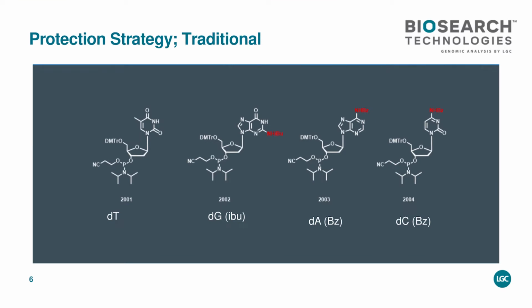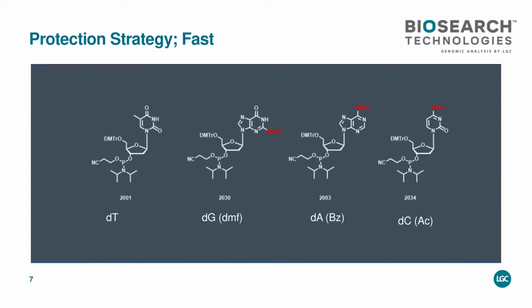So there are different protective groups. You have to protect the different positions in the bases. For the dT, there is no protection. But for the dG, in the standard and traditional way, we use a dG isobutyryl. For the dA, you use the benzoyl. For the dC, it's also the benzoyl. Afterwards I will explain what the difference is, more in terms of cleavage and protection.